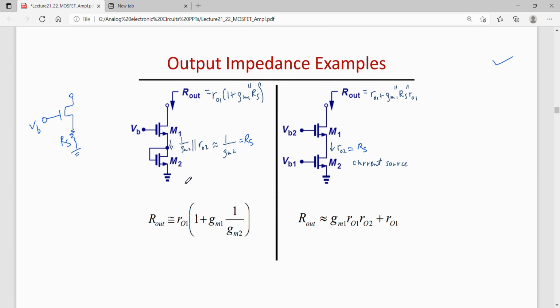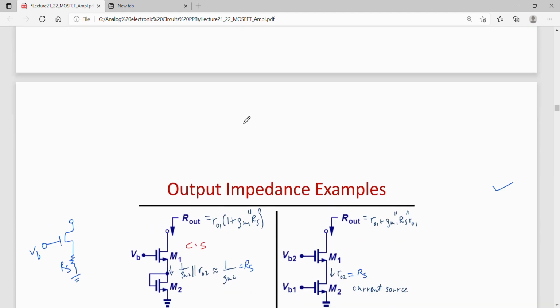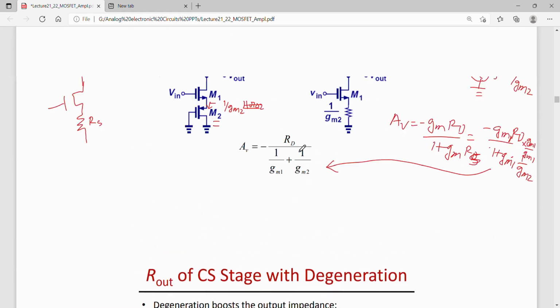So for example, here this is my common source stage and the load to this is the diode connected M2. I can find out the output impedance of this by looking at the output impedance of this circuit.